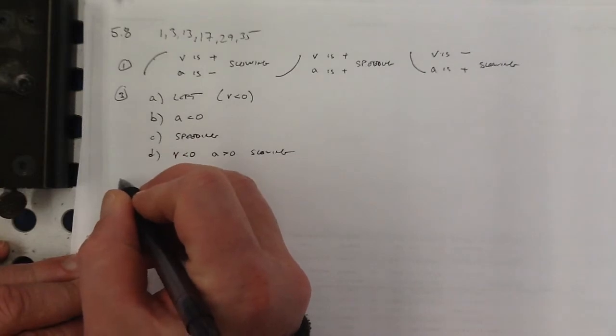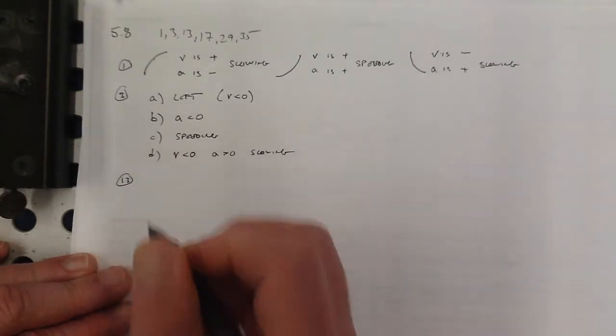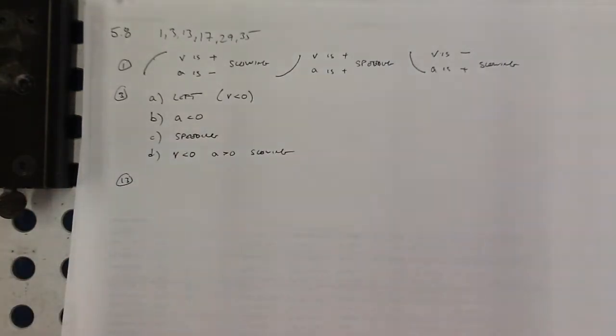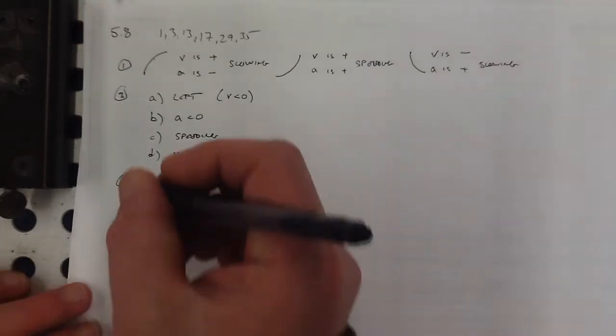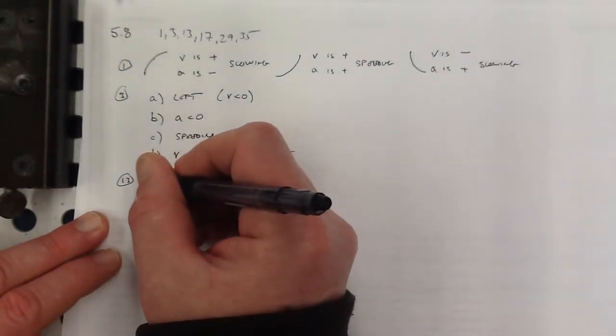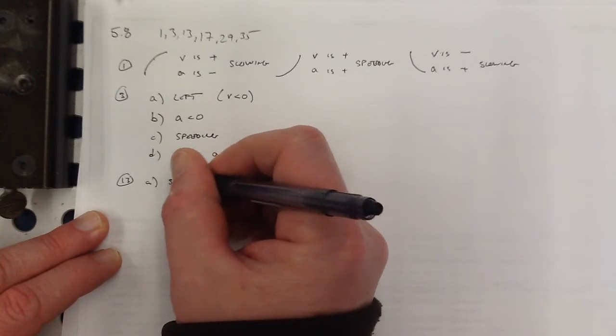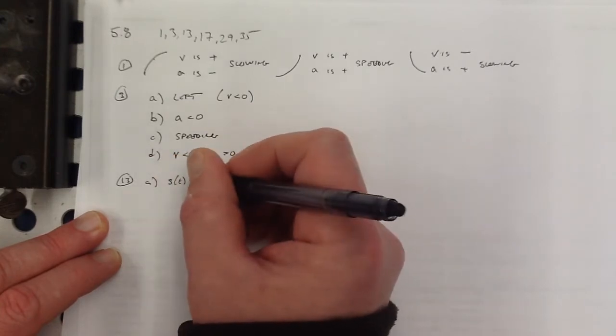All right, and what's next? Number 13. A lot of things we're supposed to do here. We've got a position function, and units are feet and seconds for position and time. We want to find the velocity and acceleration functions. Our book likes to use S for position.